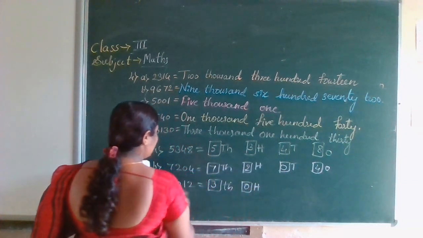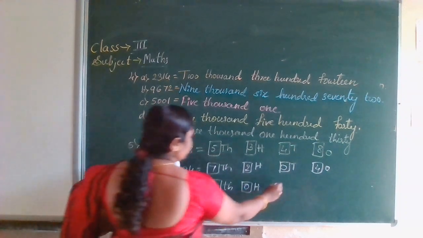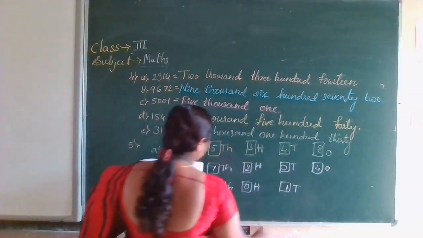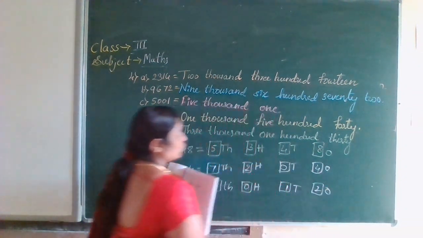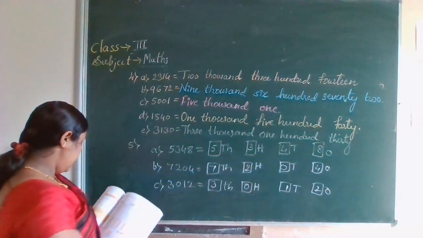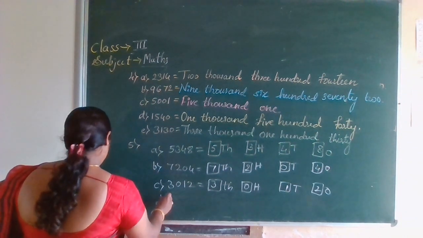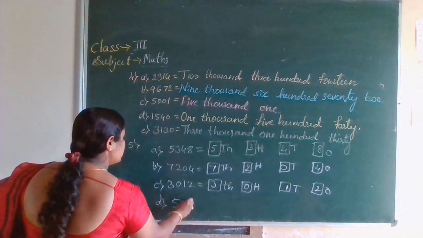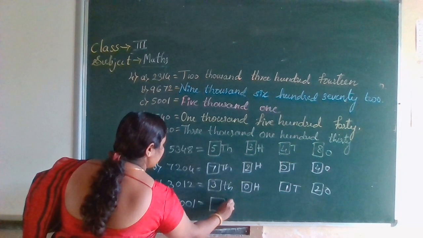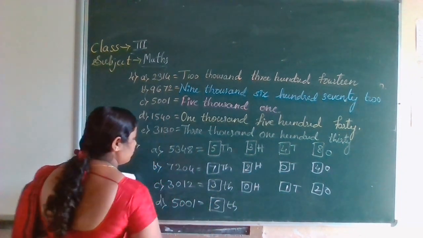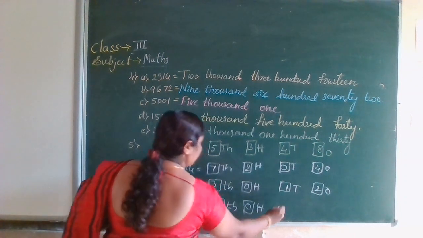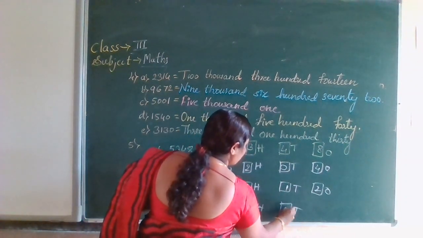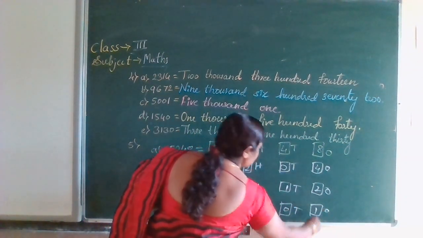Hundreds place is 0. See. Then tens place is 1. Ones 2. Next, D: 5,001. Thousands are 5. Hundreds are 0. Then tens also 0. Ones 1.